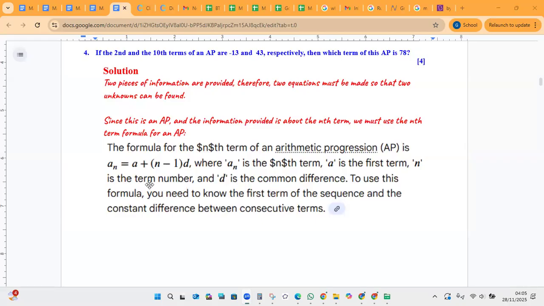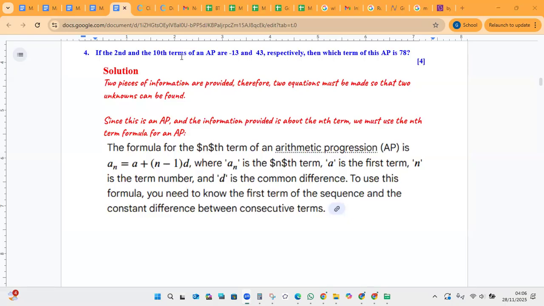To use this formula, you need to know the first term of the sequence and the constant difference between consecutive terms, which are the two unknowns in this question. We don't know A, the first term, and we don't know the common difference. So we have to solve for both, which are two variables. That's why two pieces of information are provided.